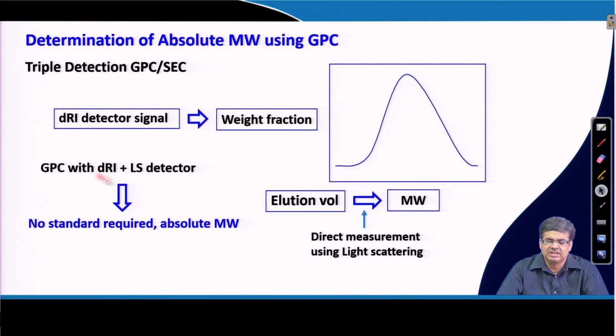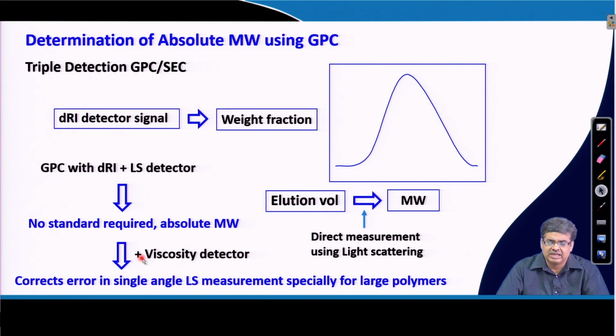So, GPC with differential refractive index and LS detector will give you the absolute molecular weight data, and we can add the viscosity detector, which basically corrects the signal using 1 or 2 single angle or dual angle light scattering measurements, specifically for large polymers, for which the scattering intensity is dependent on the scattering angle.